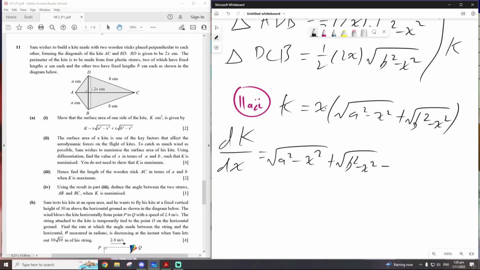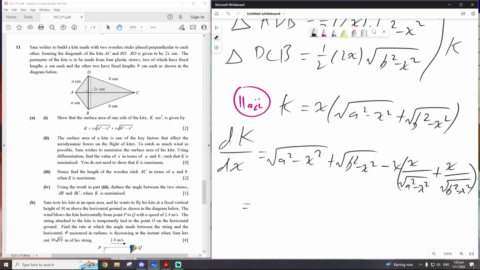But there's an x on the outside, so therefore it actually becomes negative x of x over root a squared minus x squared plus x over root b squared minus x squared. Okay? And yeah.